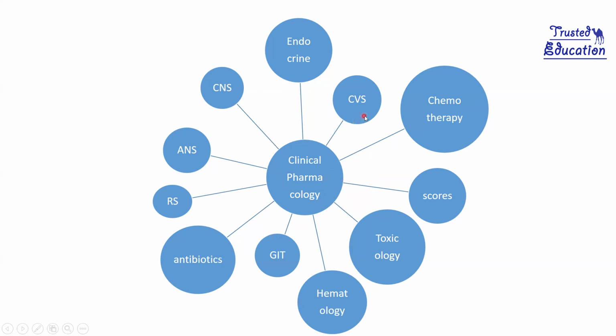Let's start with the biggest part, which is the cardiovascular system, which includes the hypertension and the heart failure and dyslipidemia. All of these topics we know can be treated with different drugs and different classes of drugs with different interactions, with different side effects.